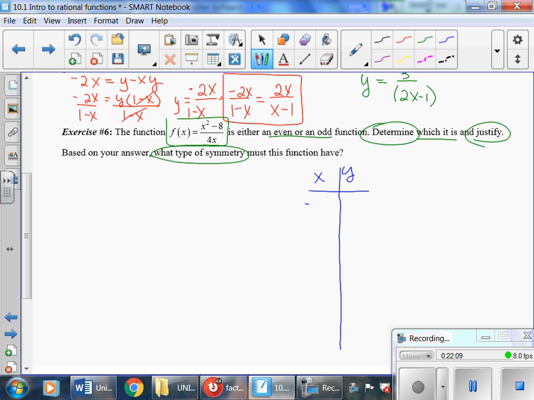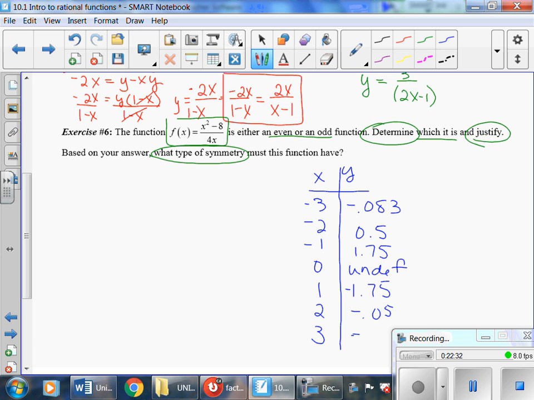X, Y. So negative 3, negative 2, negative 1, 0, 1, 2, and 3. And it was negative 0.083, 0.5, 1.75. At 0 was undefined. Then it was negative 1.75, negative 0.05, and positive 0.0833.